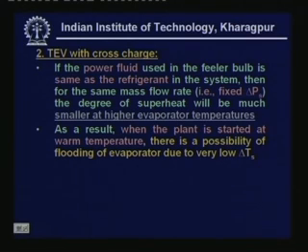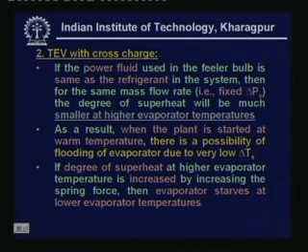If the degree of superheat is not sufficient, then more refrigerant may enter, and there is no load, or higher refrigerant flow will be there to the evaporator. So the evaporator may get flooded, and flooding, as you know, may lead to slugging of the compressor. So this has to be avoided, right?